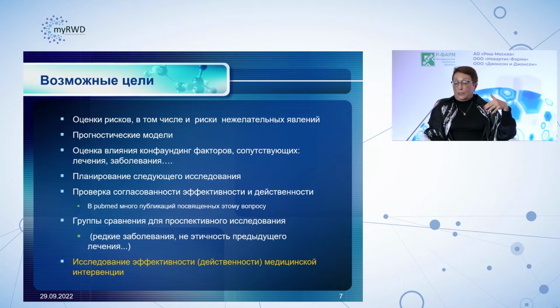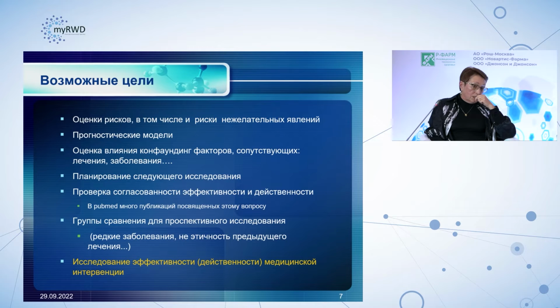The next goal is comparison for prospective trials. If we can't provide a second therapy, we can take the existing data from other trials. So these are the things that are connected with the existing clinical trials.